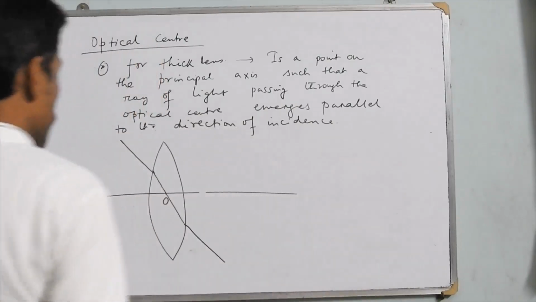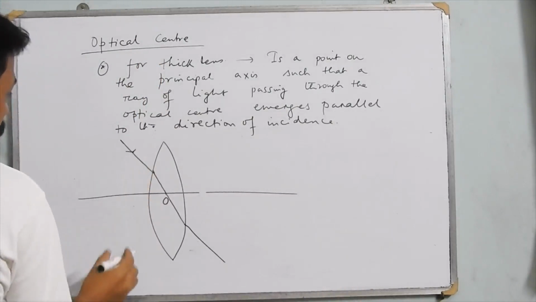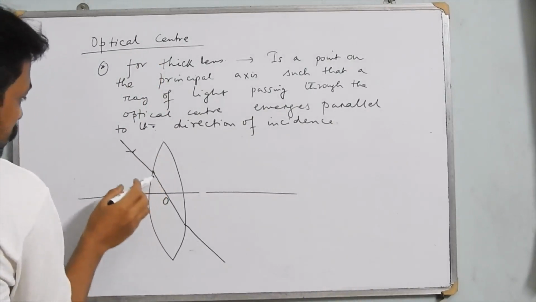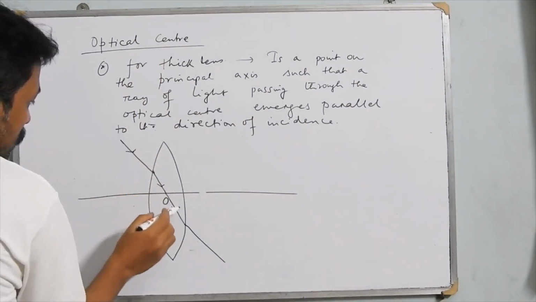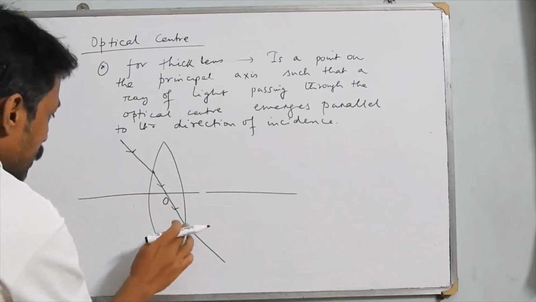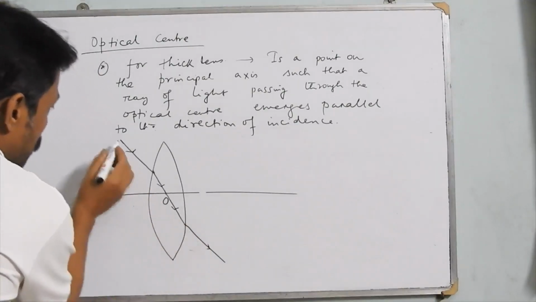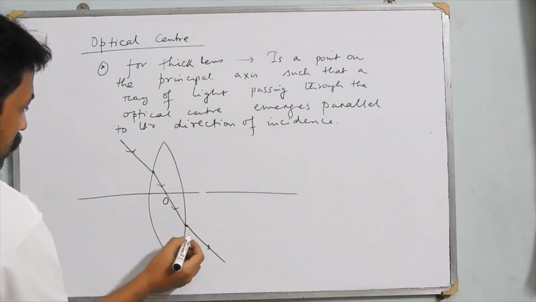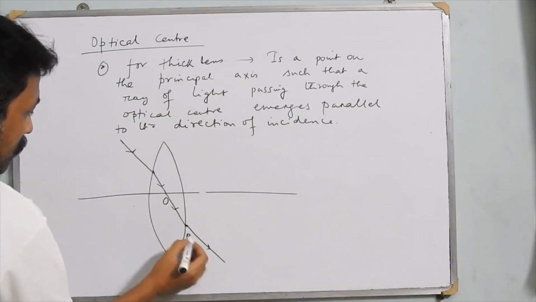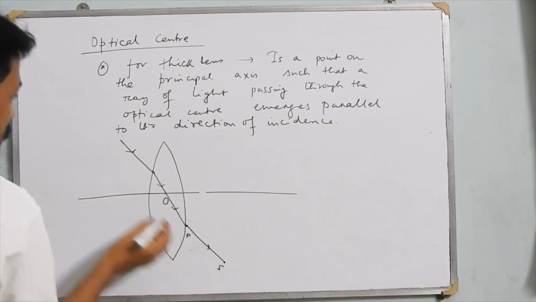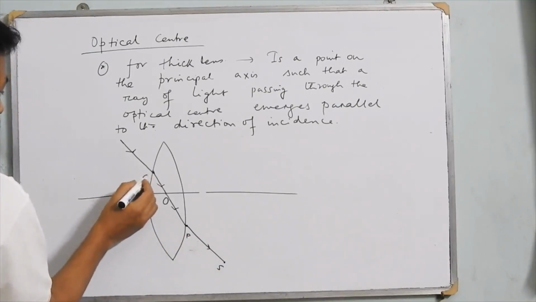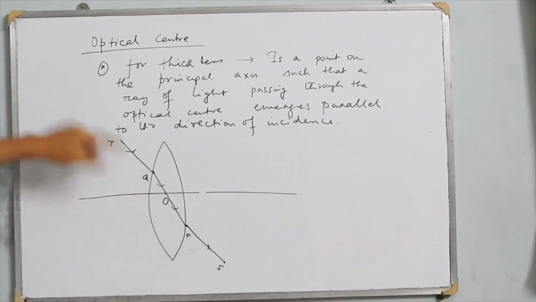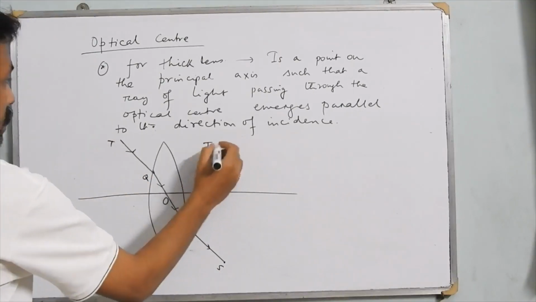This is what will happen. Suppose this is the incident ray, it will refract at the first surface, it will pass through the optical center, and when it emerges, it will emerge parallel to the direction of incidence. So suppose this point is P S, this point is Q T, then TQ will be parallel to TS.